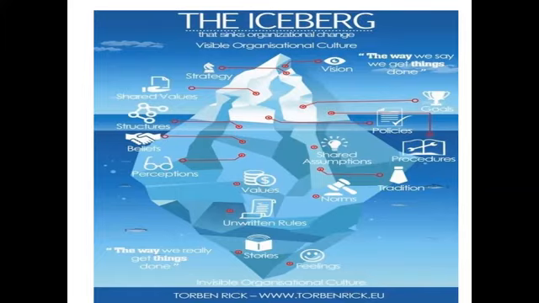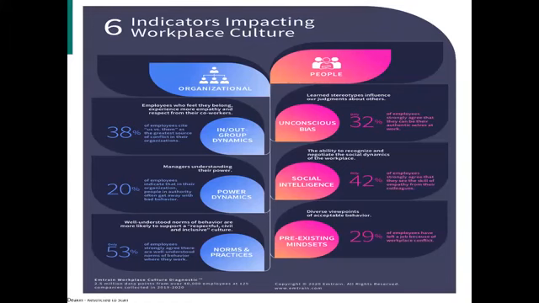And here's some research that was collected over a couple of years up to 2020. The data is based on over 40,000 employees from over 100 big companies, and it just shows some of the indicators impacting workplace culture.